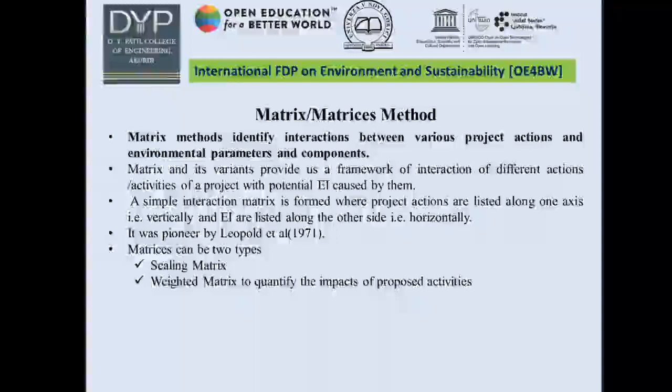Leopold was the pioneer who, in 1977, developed the Leopold matrix and its variants. The columns of the matrix correspond to project actions, while the rows represent the environmental conditions. Again, there are two types of matrix: simple interaction matrix and significance, or importance-related, matrix.